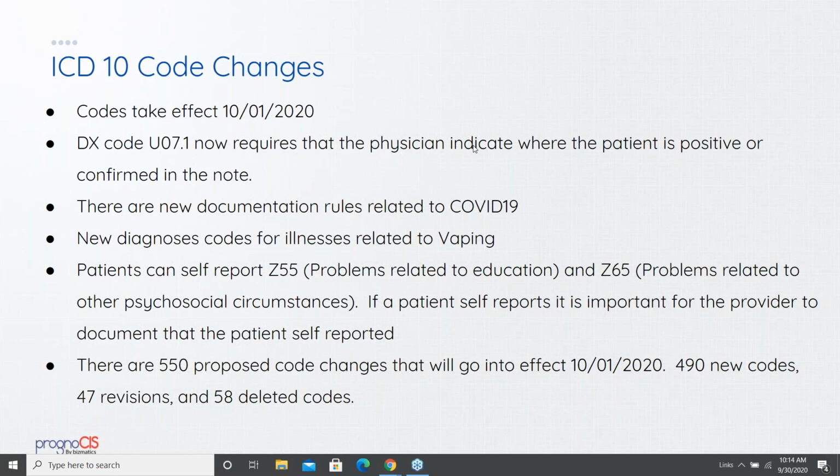There are several chapters strictly dedicated to COVID-19 and new documentation rules related to COVID-19. When the pandemic first happened, there was a lot of back and forth on documentation, on whether you had to put anything in when a patient tested positive, and how you would get paid for your COVID-19 tests.